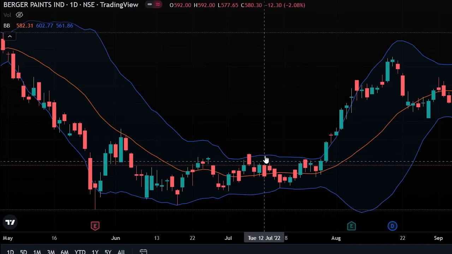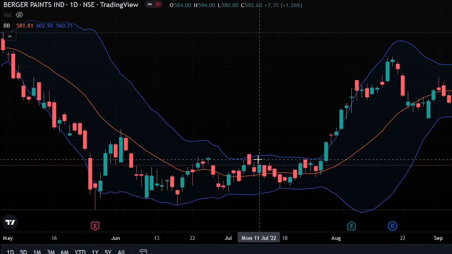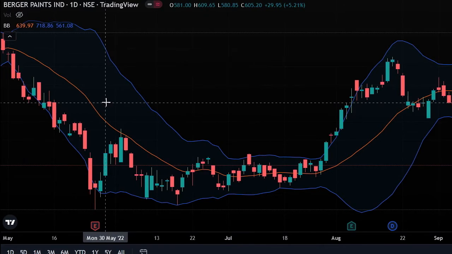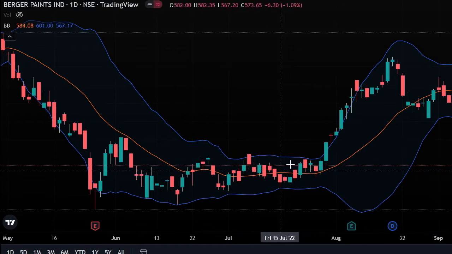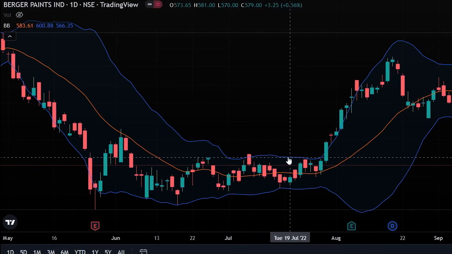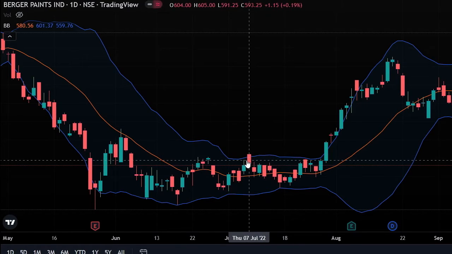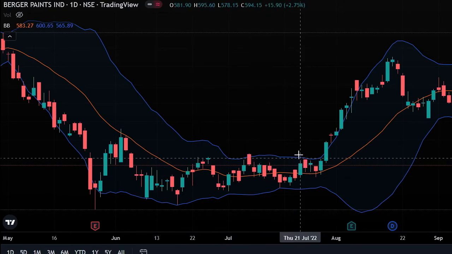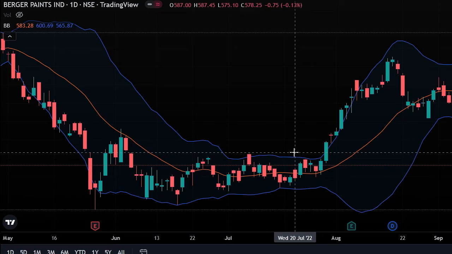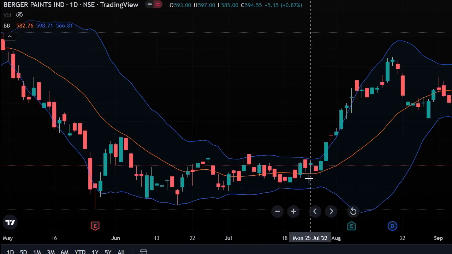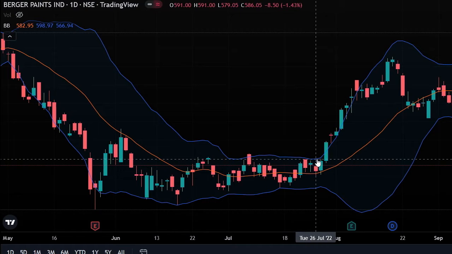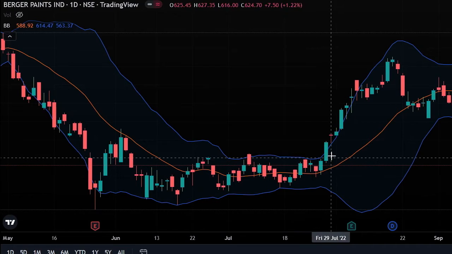So whenever the shrink happens, it is known as Bollinger Band squeeze. It shows a side trend or very low volatility, and after the Bollinger Band squeeze, if any candle crosses the upper band or lower band, then there is a high chance of getting a bullish rally or a bearish rally.